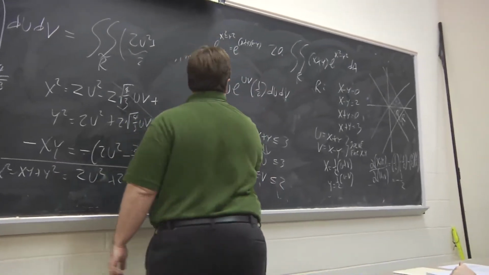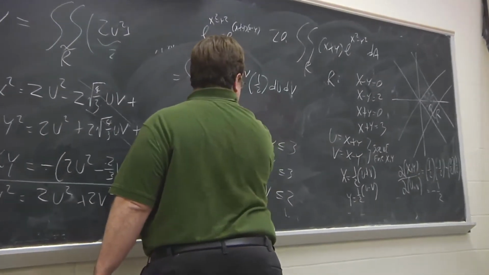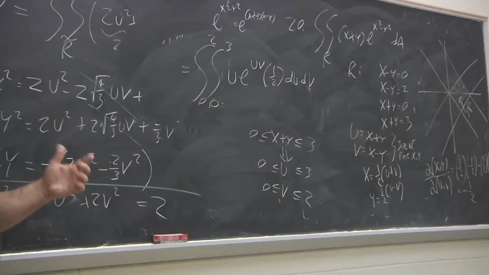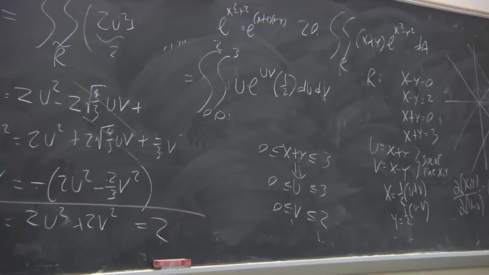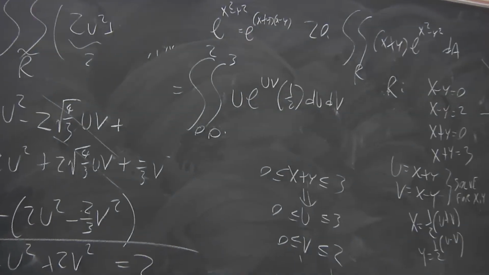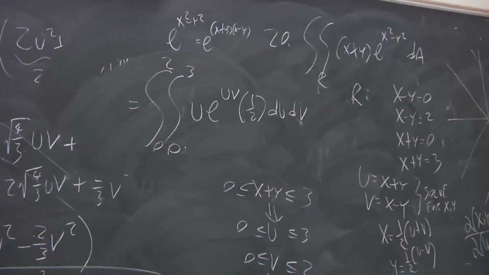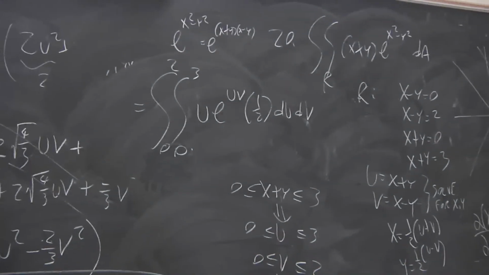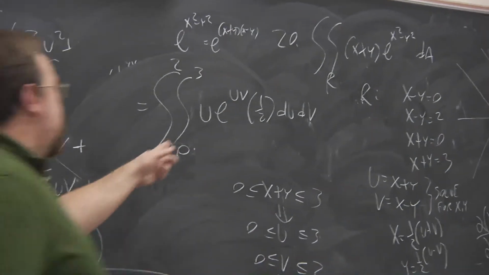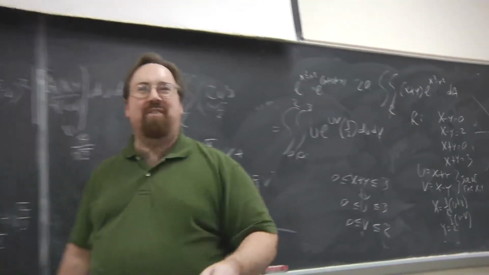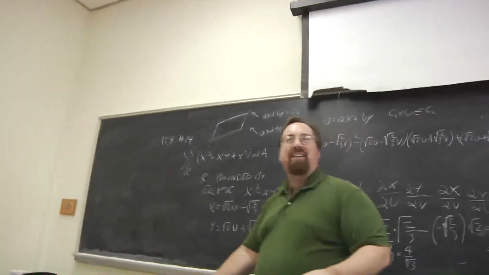So really what we have is 0 to 3 and 0 to 2. So now we have this relatively simple integral to handle. Although, actually, it does require integration by parts, sadly, because it has u and also u in the exponent. But you guys know how to do that, right?